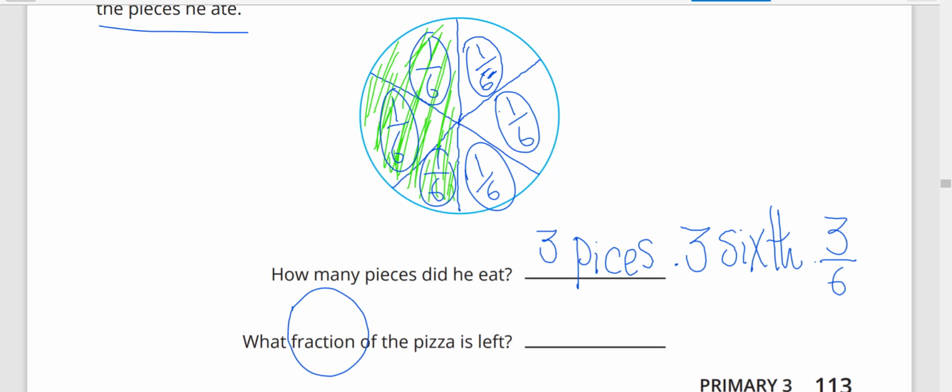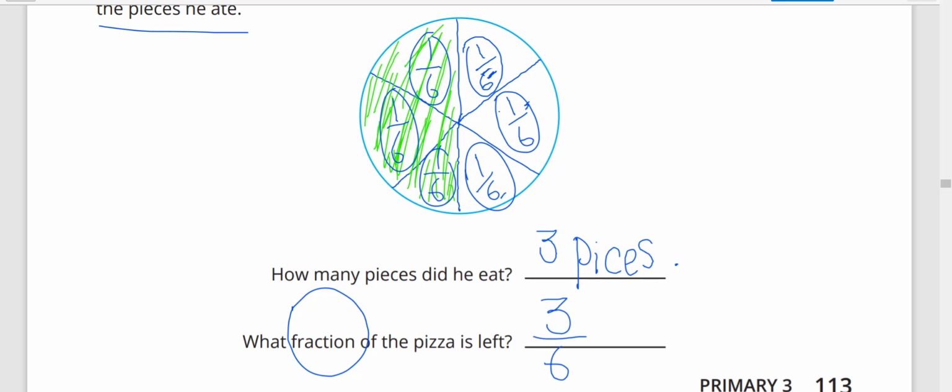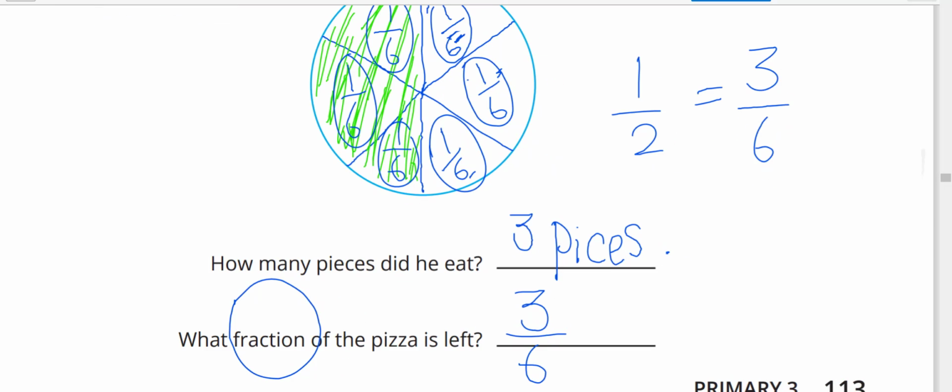How many sixths? 1, 2, 3. So he ate half of the pizza and left half of the pizza. Half of the pizza is 3 sixths. So half equals what? Yes, 3 sixths. The next page.